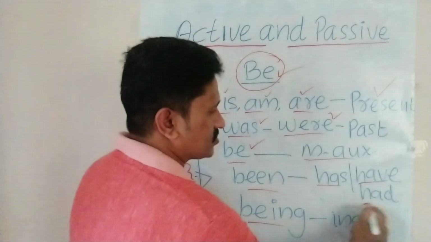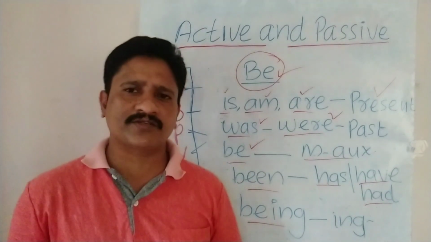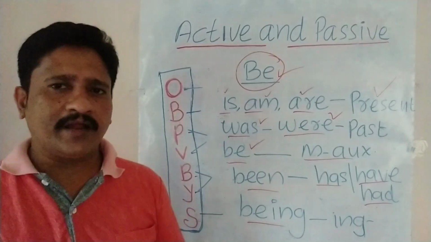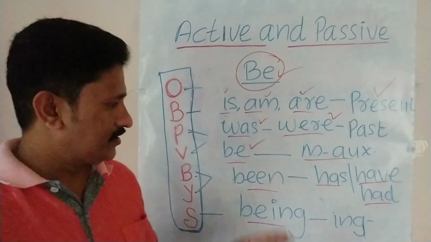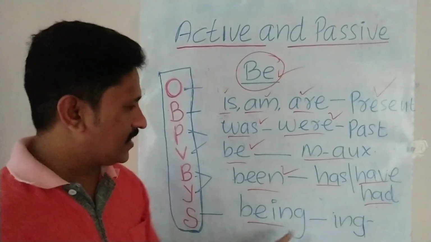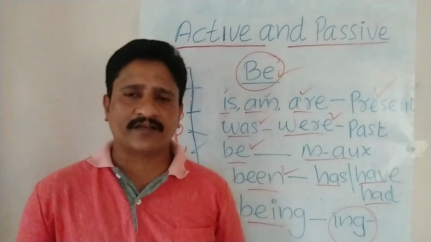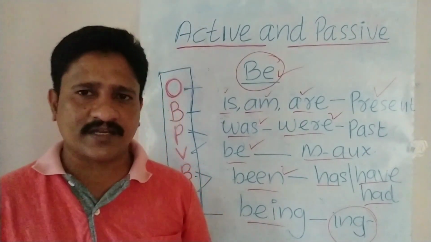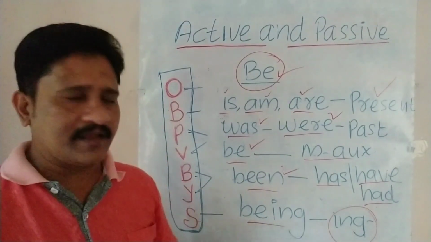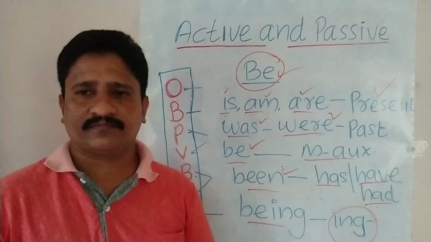And if has, have, or had is used as a primary auxiliary verb, not as a main verb, in the given sentence, use been along with has, have, or had. And if the sentence in active voice is in present or past continuous, which follows the ing form, use being as the be form.